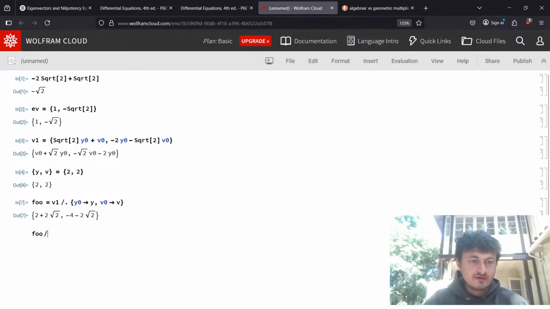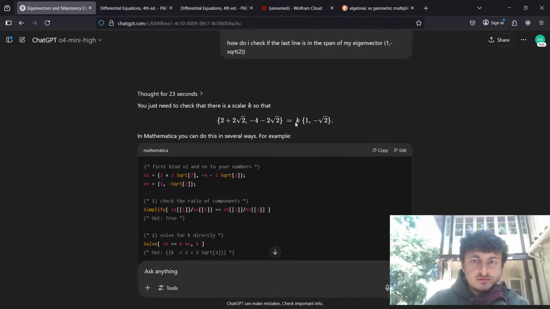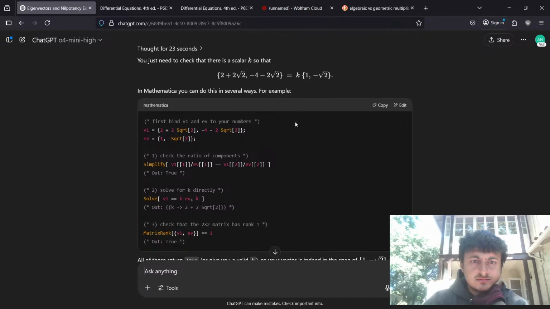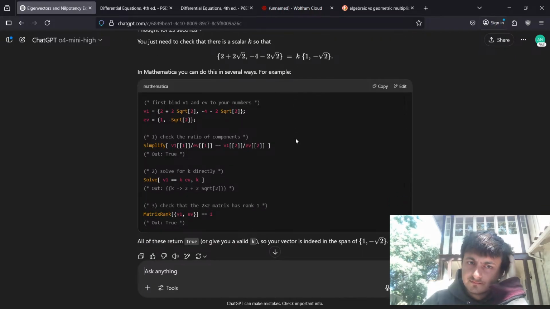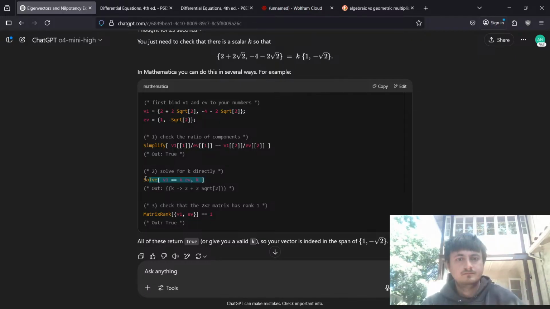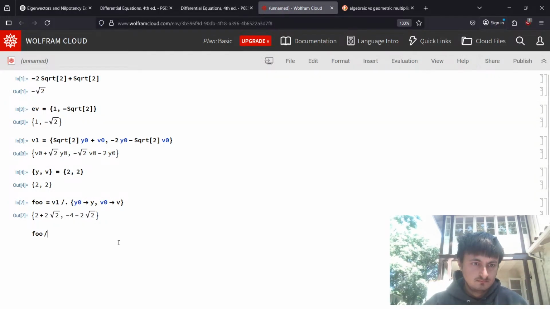If we do foo divided by the eigenvector, foo is equal to k times the eigenvector.